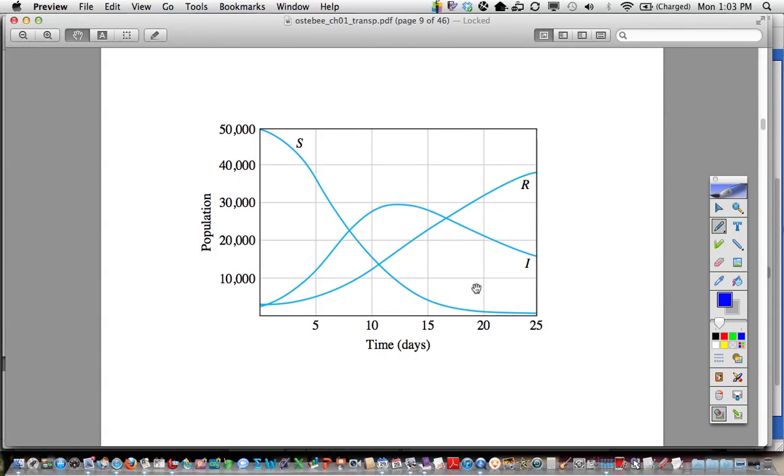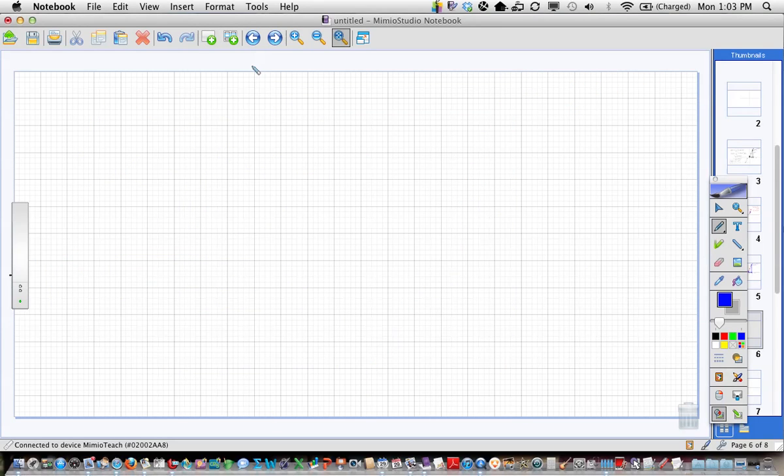All right, so let's look at if I have a graph like this, we consider that to be concave up. Concave up.